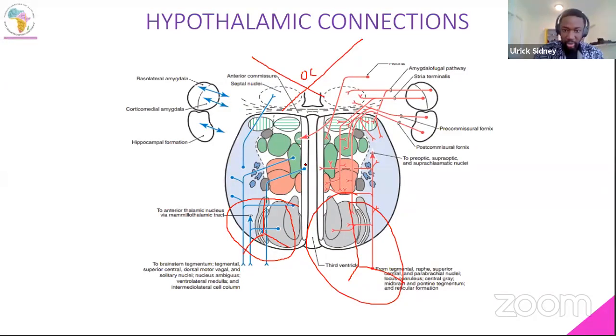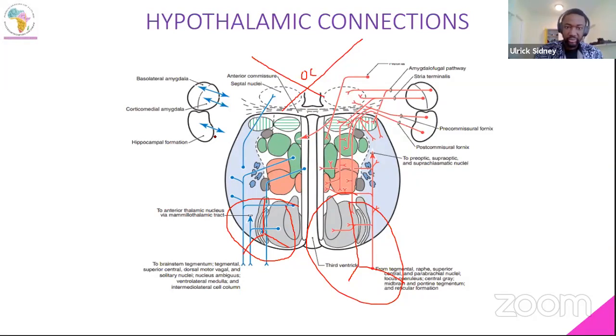This is what we expect to have here. Now, if we're looking below this structure, somewhere down here, we're going to have the tuber cinereum. And below and behind, we're going to have the mammillary bodies. That's below this. Very important to understand these structures. Obviously, here we have part of the limbic system. So you've got part of the hippocampus and the amygdala, all on both sides.